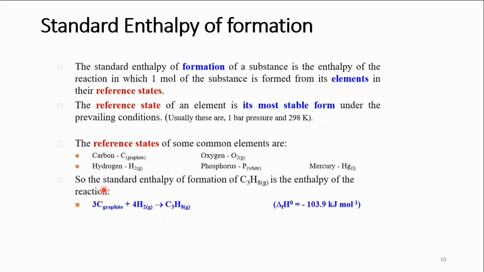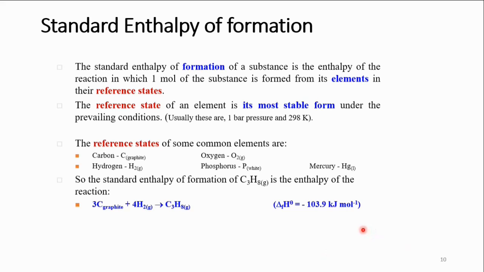Now, just to run something else by you, the enthalpy of formation, as defined earlier, is when 1 mole of a substance, for example, propane, is formed from its elements in their reference states. So when 1 mole of propane is formed from hydrogen gas and graphite, the heat change that you get under constant pressure is called the enthalpy of formation.